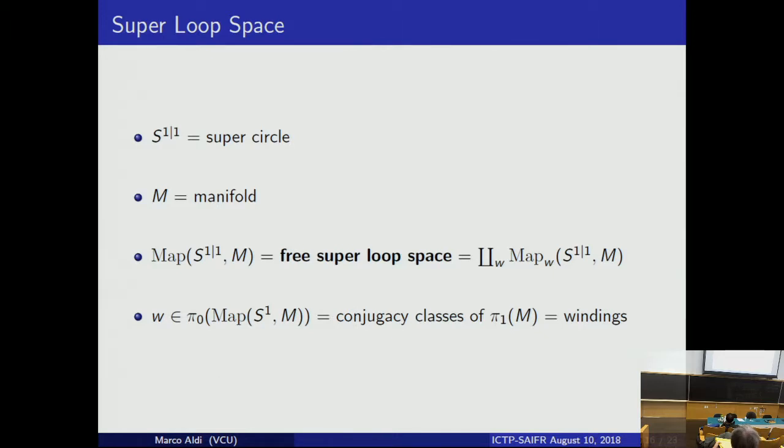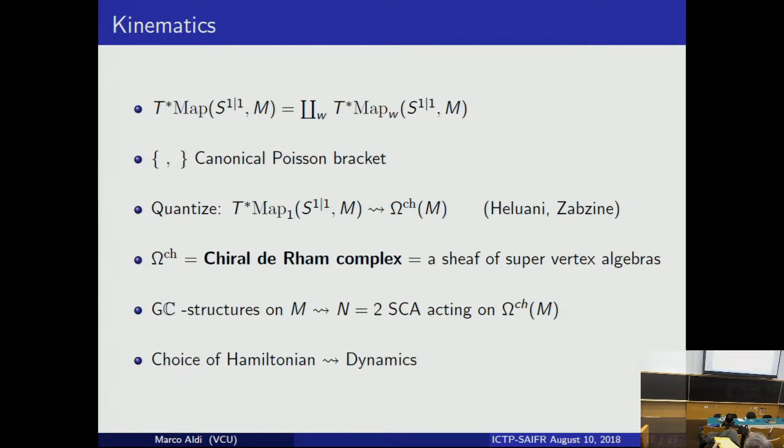We can look at the sigma model with target a manifold, and one way to think of this is in terms of the free super loop space, the equivalent of the free loop space, but now you have maps from a super circle to your manifold M. This decomposes with respect to the possible windings of that circle, and those are labeled by conjugacy classes of the fundamental group.